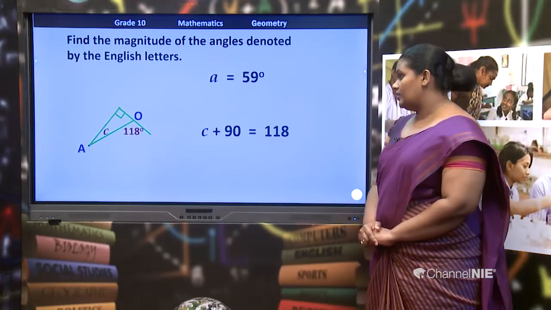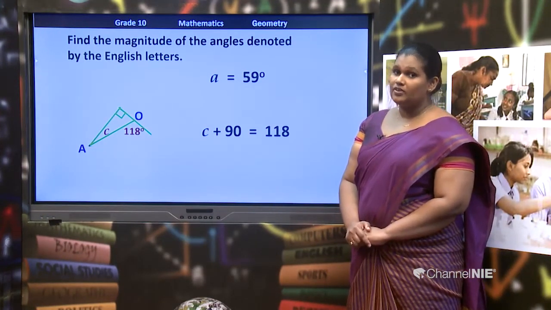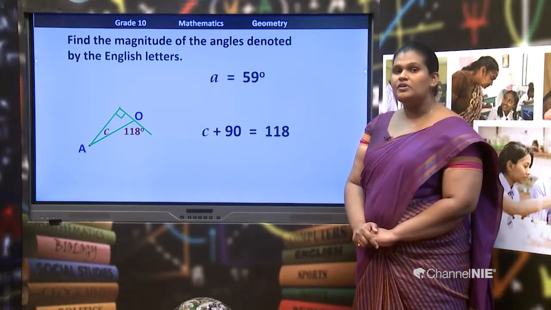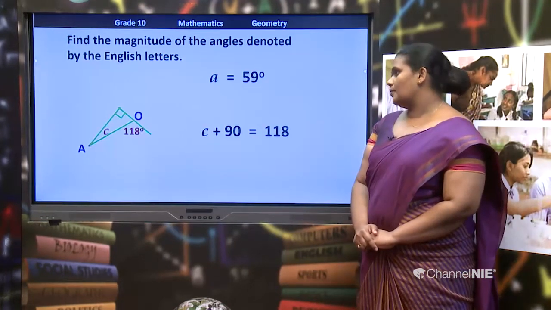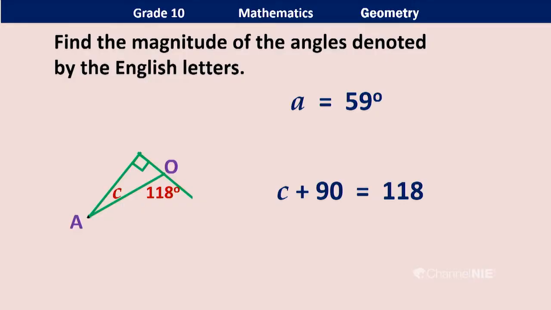So, we have again a simple equation. By solving this, we can get the value of C. Therefore, I am going to subtract 90 degrees from both sides. So, it becomes C plus 90 minus 90 equals 118 minus 90. From that, we can get the value of C as 28 degrees.